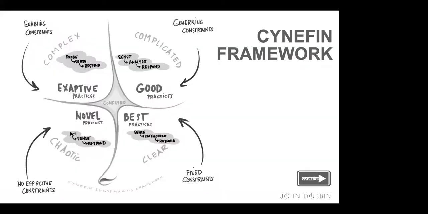So now we're going to go over onto the top left-hand quadrant, the top left-hand domain. Now, this is an unordered system. An example of an unordered system in nature is a rainforest.